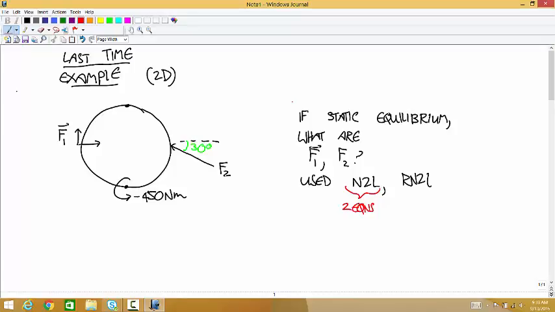Just 1. In 2D, you only get 1 because any forces acting in the xy plane produce moments only about the z-axis. So you only get a z component here. And so we had 3 variables, an x and y component of F1 and a scalar F2. We had 3 equations and we could solve for it.